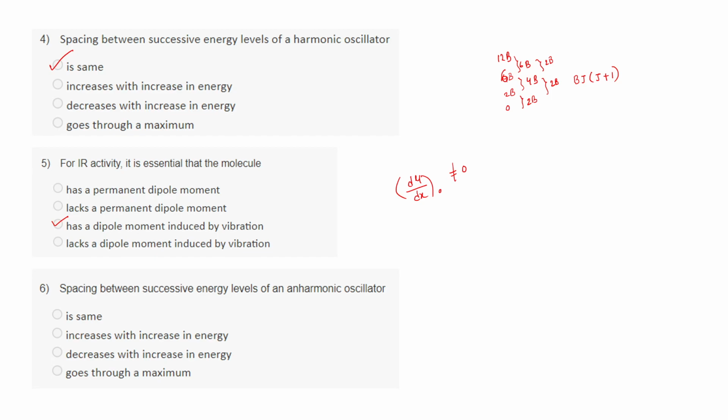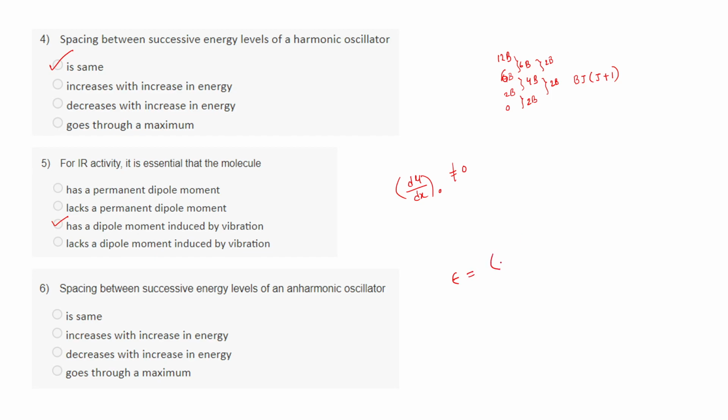But for question number 6, the spacing between the successive energy levels of an anharmonic oscillator, now here comes the anharmonicity constant, right? The Xe and other things. What do you think? Let us write. What would be the energy for an anharmonic oscillator?